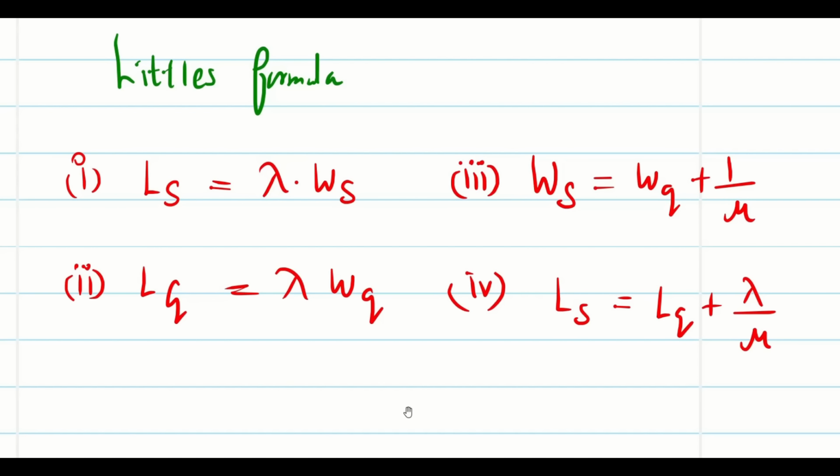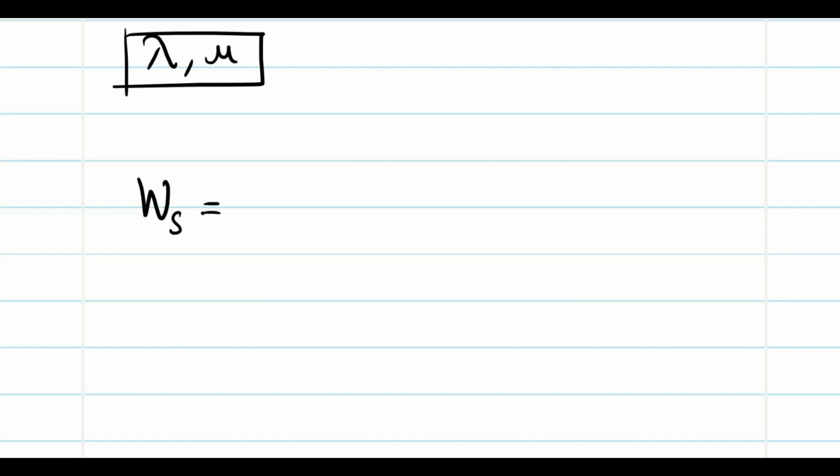So this is called Little's formula. But we are not going to use this Little's formula for problem solving purposes. Let us see how to consider the formulae we are going to use, because I want to involve just only lambda and mu. The easiest one I'm going to start with is WS, waiting time in the system. It is going to be 1 divided by mu minus lambda.